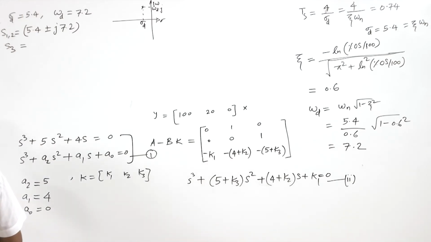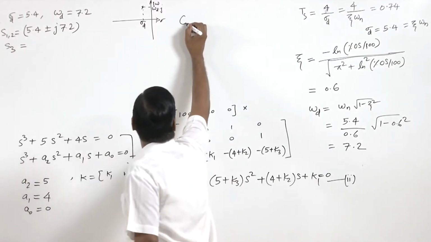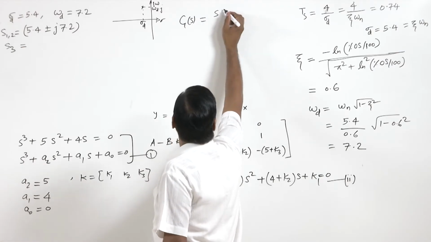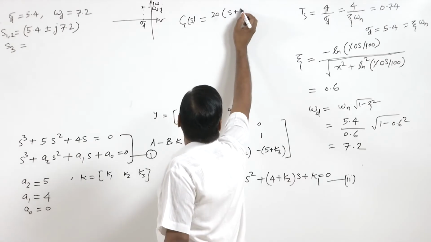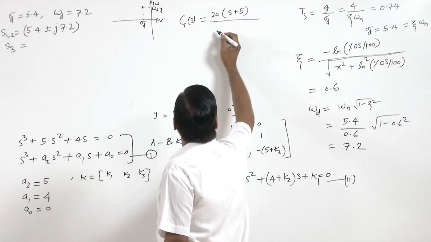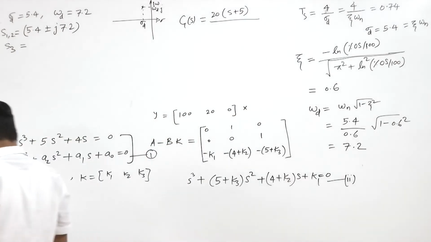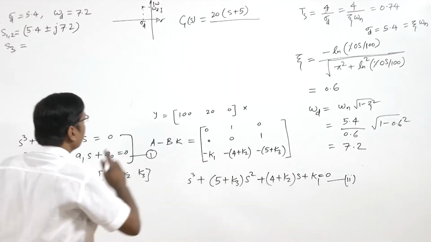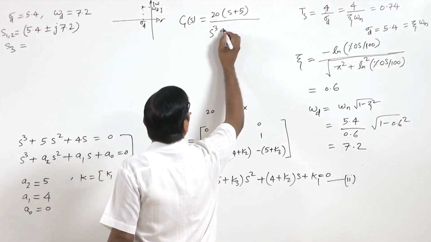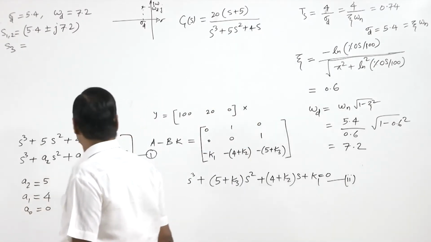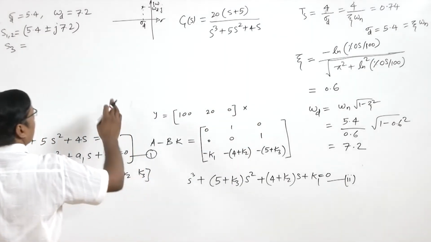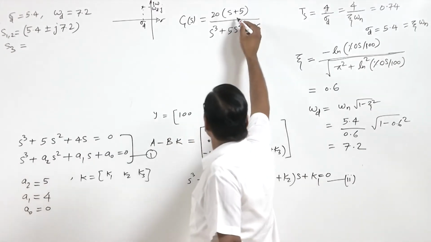So we know that here we have G(s) equal to 20(s plus 5) upon this system, so the zero is at 5.